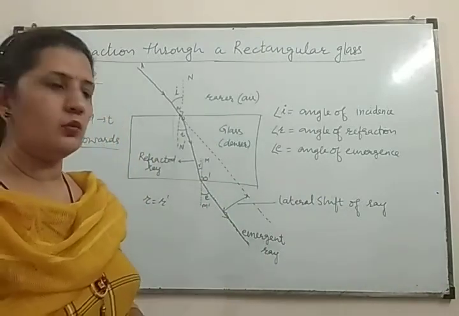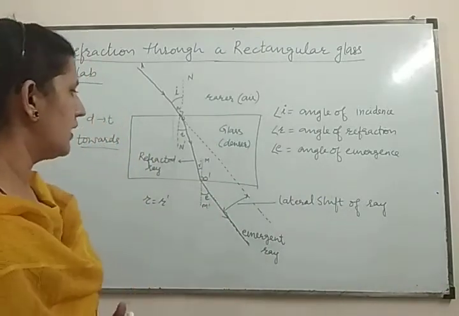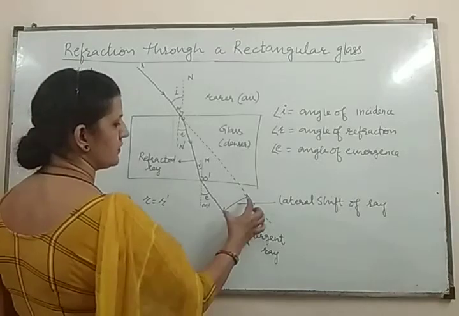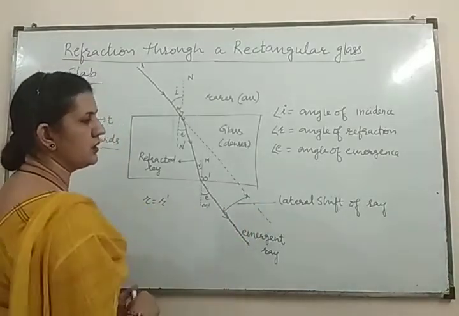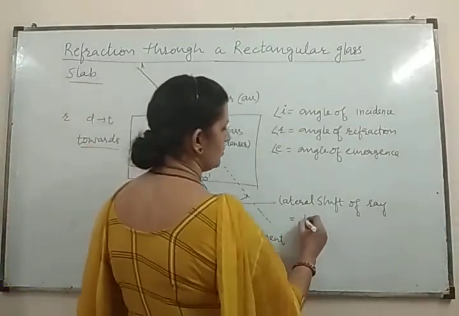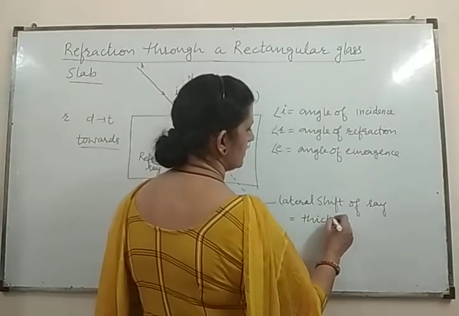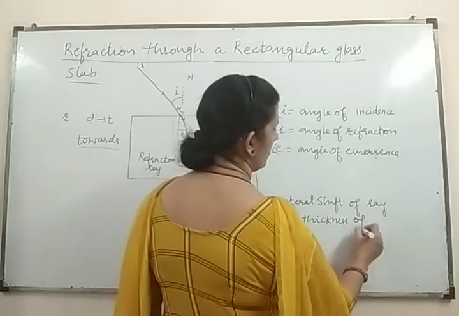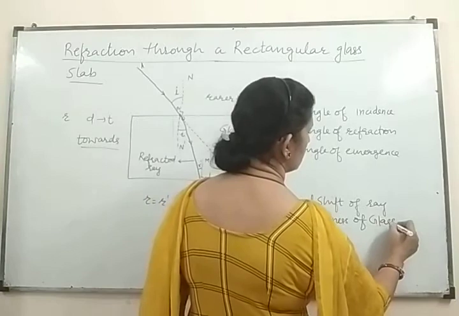And by calculation it is found that this lateral shift is equal to the thickness of the glass slab.